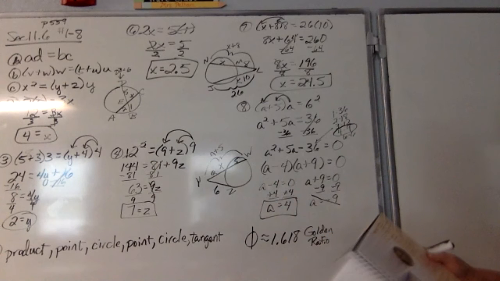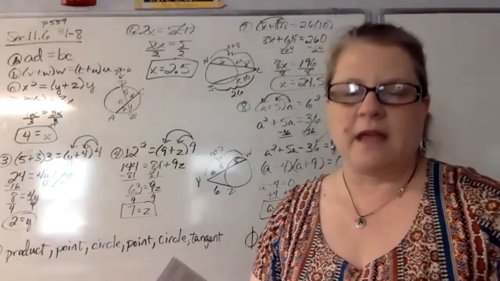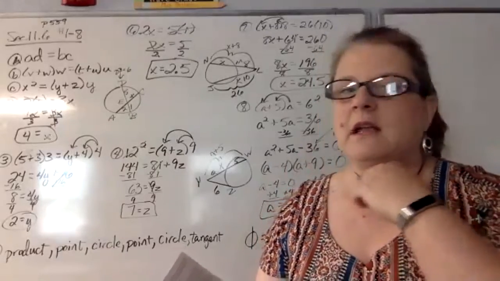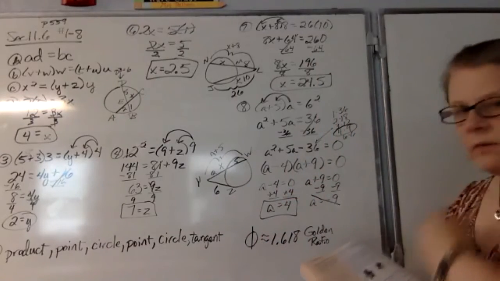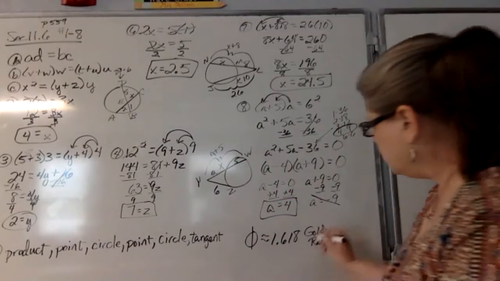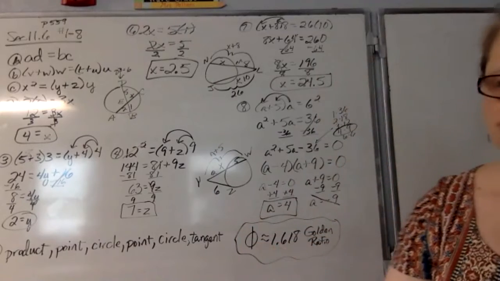Now, we're only going to do 3 of these where we're trying to see if they are golden rectangles. If it's a golden rectangle, that means it has the golden ratio. Now, what did I tell you the golden ratio was? Approximately 1.618.